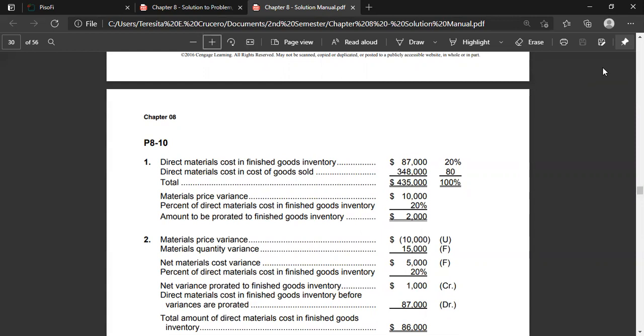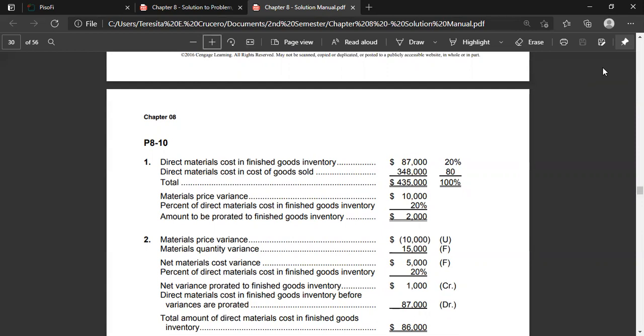Here, calculate the following amount of material price variance to be prorated to finished goods inventory at December 31. Hint, you must first determine the percentage of direct materials cost in the ending finished goods inventory to total direct material cost.